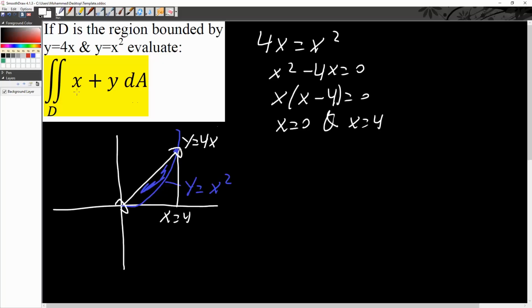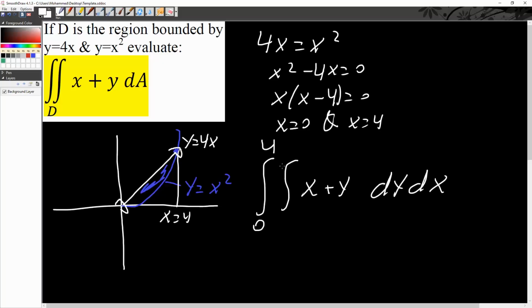So now we can apply this double integral. It will be x plus y, and we can just say in terms of dy dx. By doing this dx, that means this integral is dx, and so we know it's going to be 0 to 4, and our y term will be slightly different.